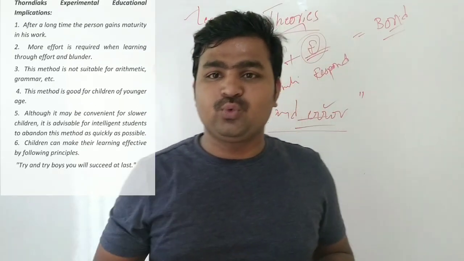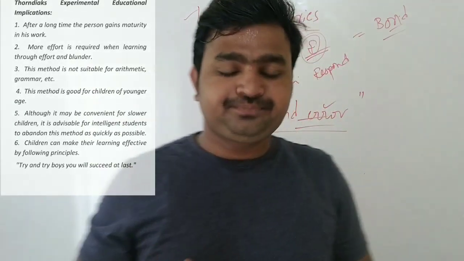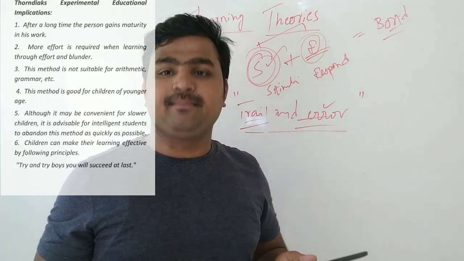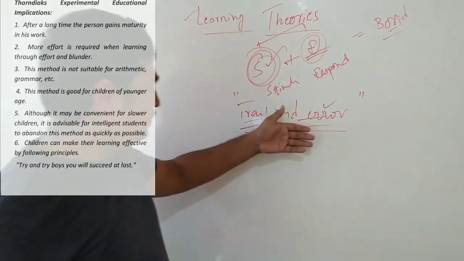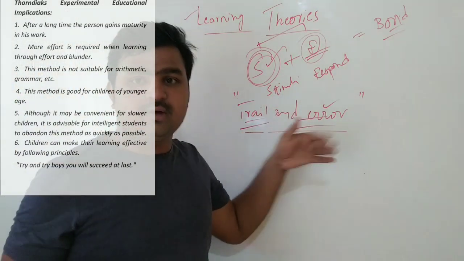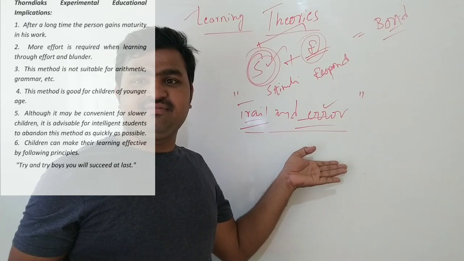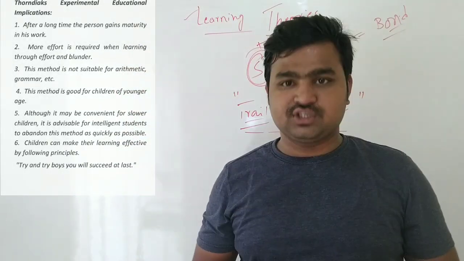Sometimes we do crazy things, that's a blunder. Here, what they are saying is it takes a lot of time when we are learning. The cat took a lot of time to come out. First, it was making blunders, effort and blunder. Then, at last, accidentally, it was successful.